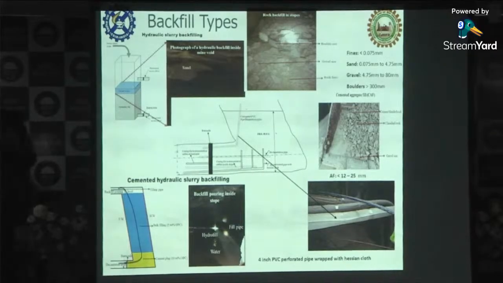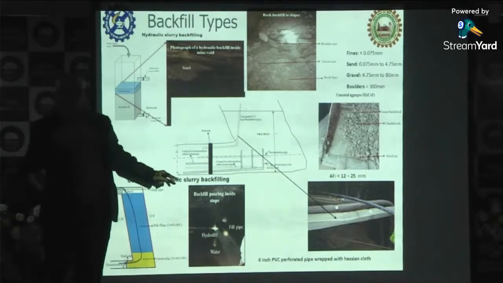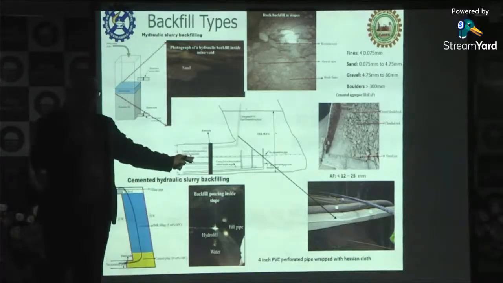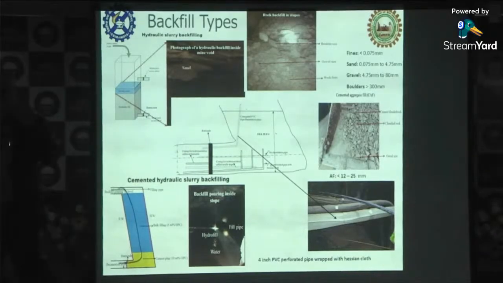Suppose the design parameter of a barricade is 250 kilopascal. As told by Pradeep, we have contact pressure cells over here. We monitor the pressure coming on the pressure cells during the filling and post filling also.